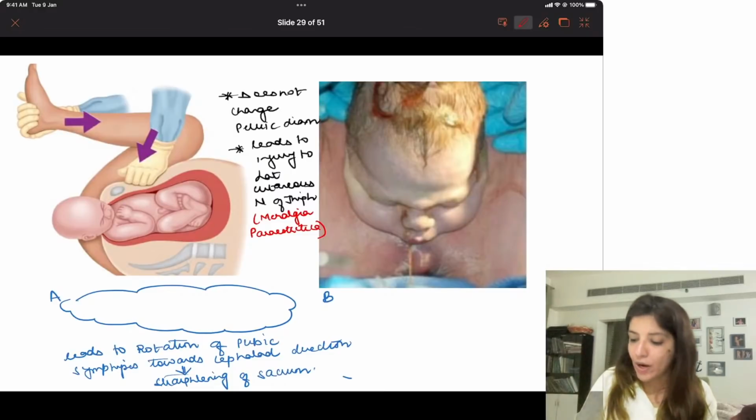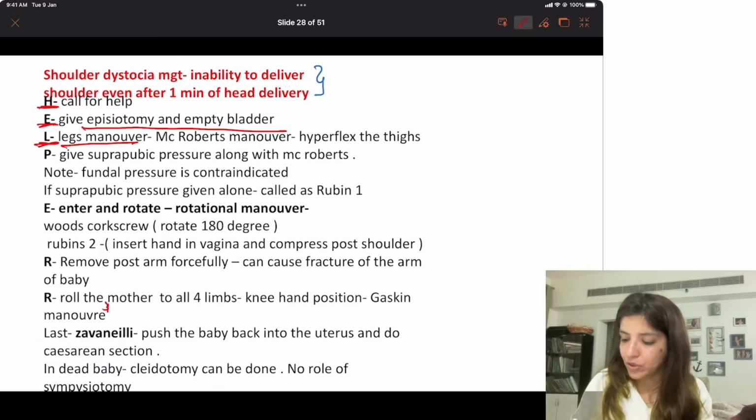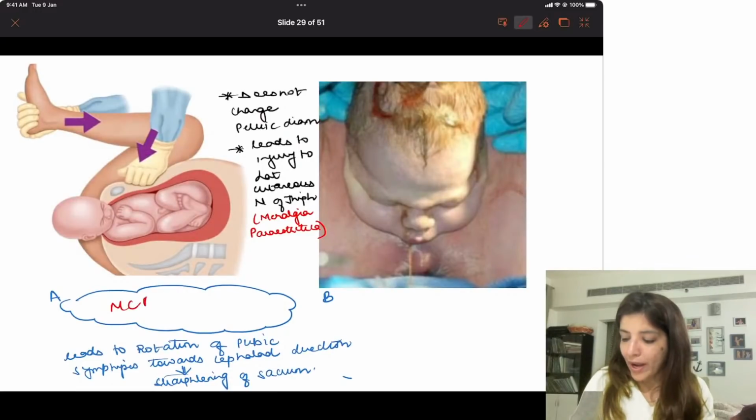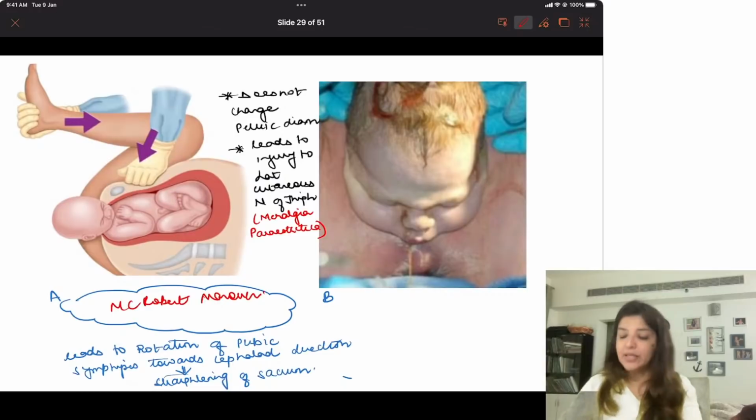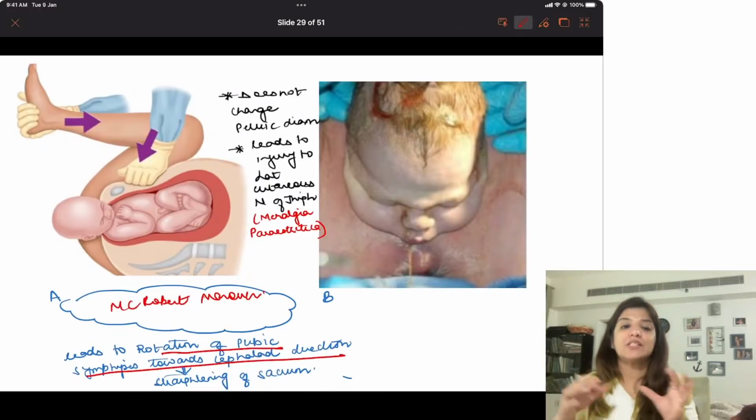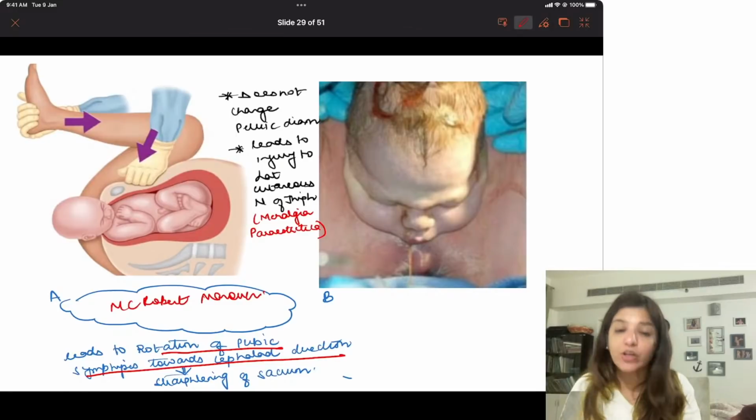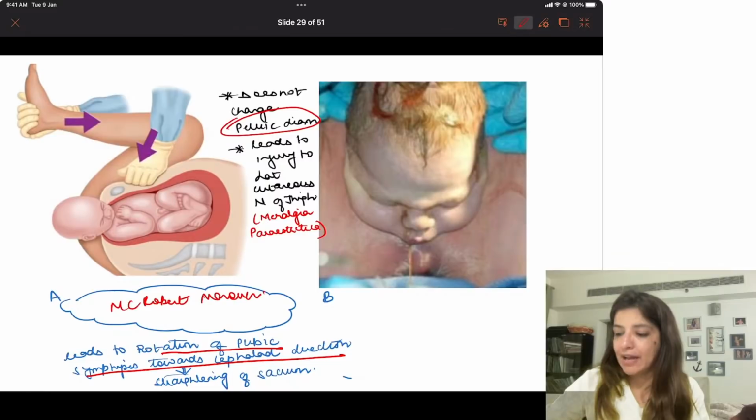Please remember, when you are hyperflexing the thighs against her abdomen during McRoberts maneuver, it leads to rotation of the pubic symphysis in the cephalad direction, and that leads to straightening of the sacrum. So please remember that McRoberts maneuver doesn't change the pelvic diameters.